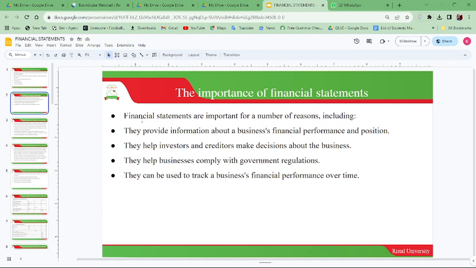For example, they can help to track the expenses of the business, the incomes of the business and the investments of the business. How much are you investing in the business, how much income are you getting, and how much are you spending on expenses. So it helps in that.